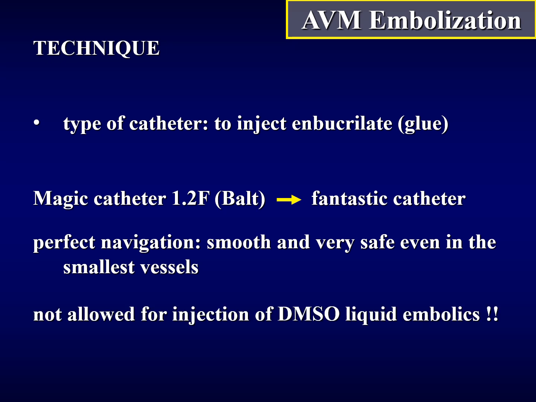But unfortunately, it is not allowed for injection of the modern liquid embolics. The catheter Magic is very old, at least 30 years old, but it's still wonderful. But if you inject the modern liquid embolics like Onyx, Phil or Squid, it will burst.